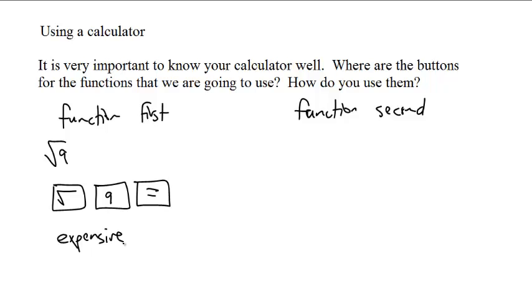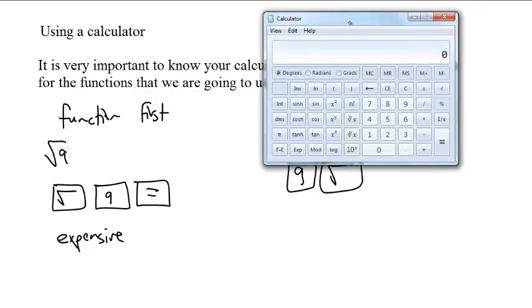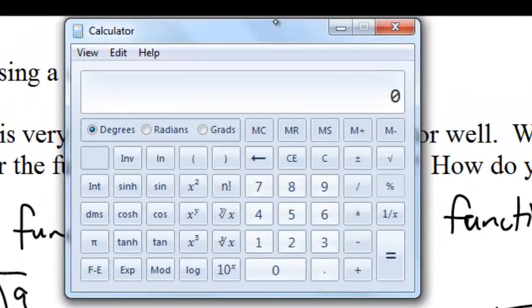I use cheap calculators. In a cheap calculator, to figure out the square root of 9, first you hit 9, and then you hit the square root button. And usually you don't even need to hit equals. For example, on this calculator on my computer, if I hit square root first, it takes the square root of the 0, and then I hit 9, it just says 9.